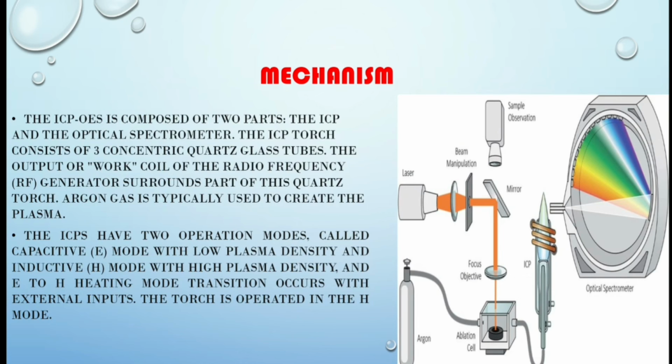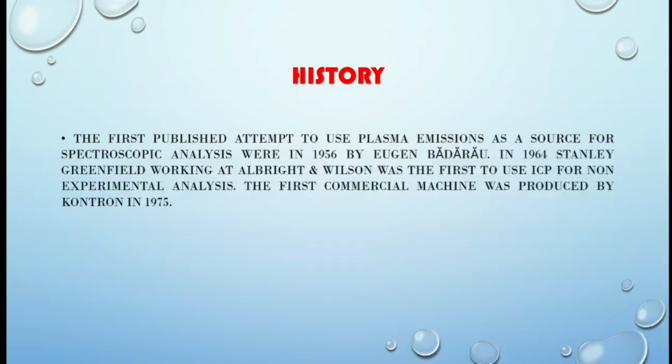And secondly, the ICP has two operation modes called capacitive E mode with low plasma density and inductive H mode with high plasma density. E to H heating mode transition occurs with external inputs. The torch is operated in the H mode. So that was the mechanism of ICPOES.